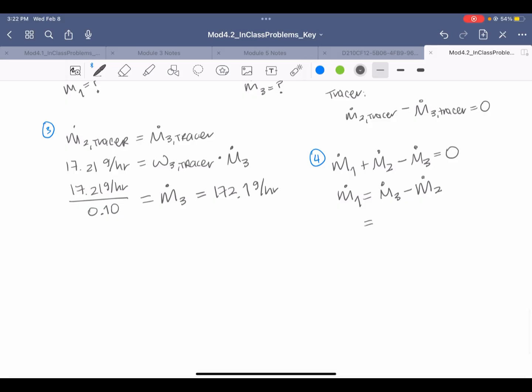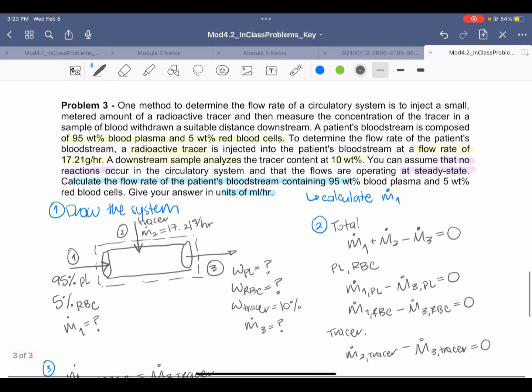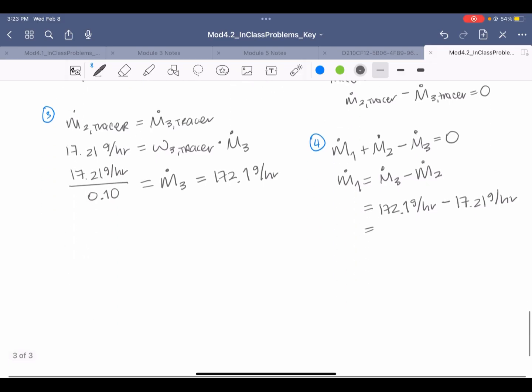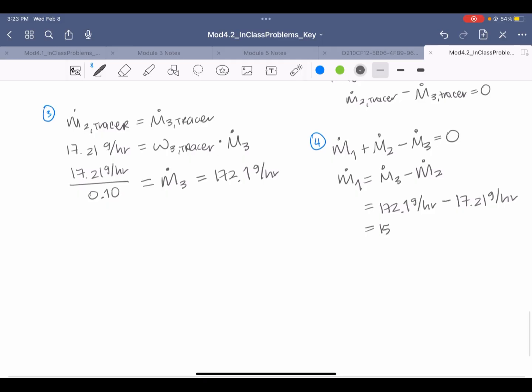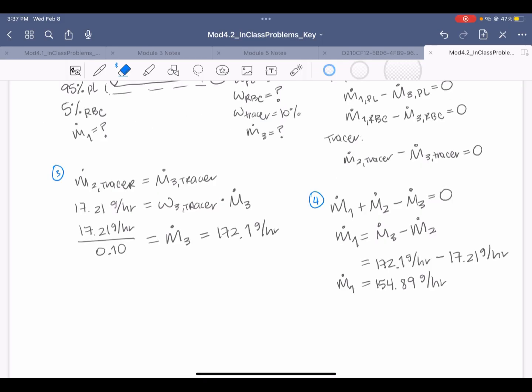Okay, and so that would be 172.1 grams per hour minus 17.21 grams per hour. So that's equal to 154.89 grams per hour.